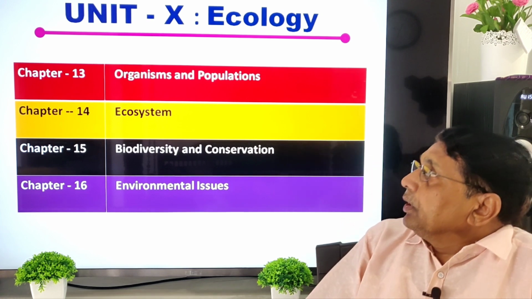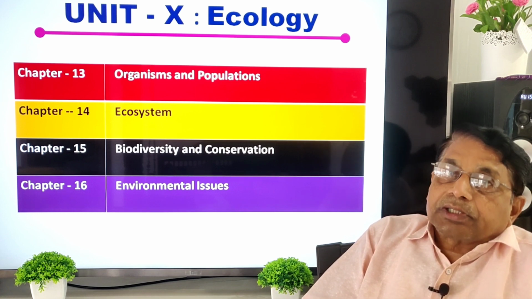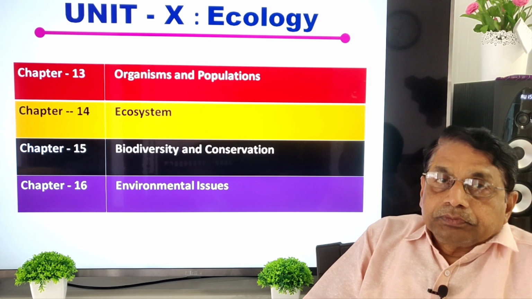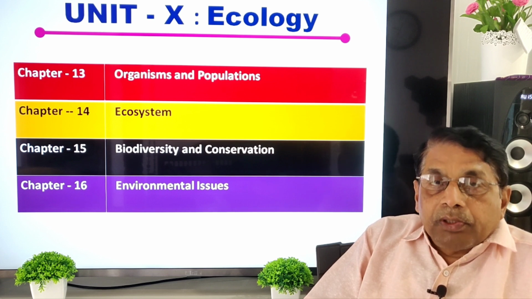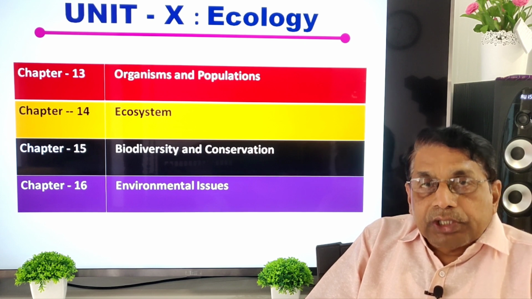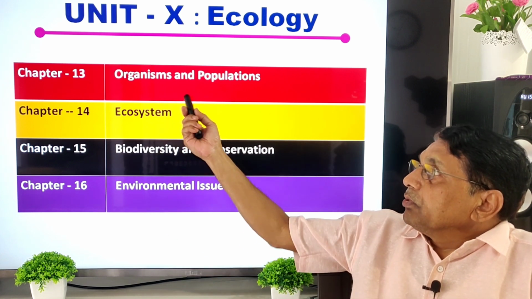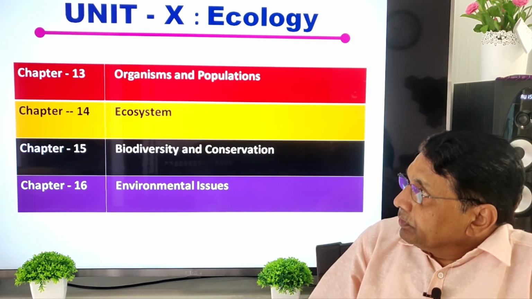Chapter 13 deals with organisms, populations, basic aspects of the ecology. What is species, what is population, ecosystem, interactions in the ecosystem, plants, animals, microorganisms. These aspects we will study in chapter 13.